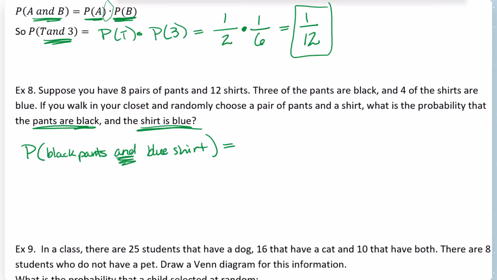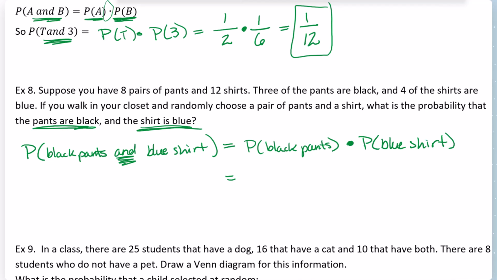What we pick is no influence or bearing on the other one happening. So I'm going to turn this into the probability of black pants times the probability of a blue shirt.